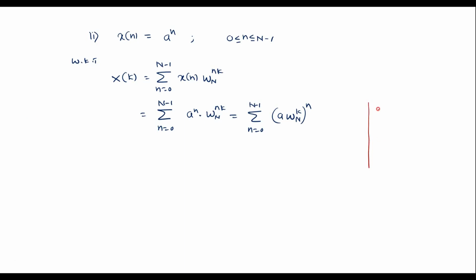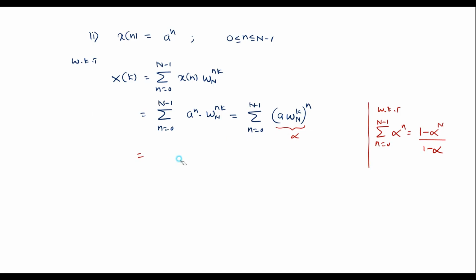But we know that the summation from n equal to 0 to N minus 1 of alpha to the power n is equal to 1 minus alpha to the power N divided by 1 minus alpha. Here we can see that the term a W_N to the power k is nothing but alpha.